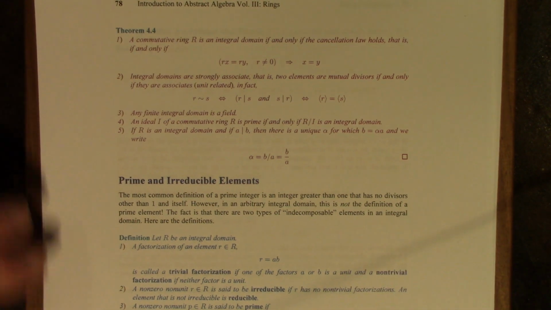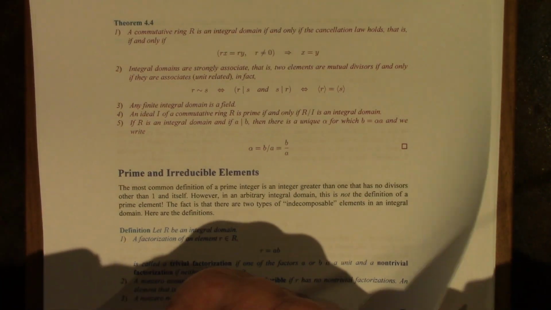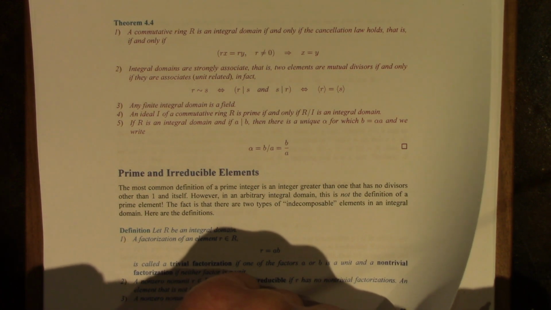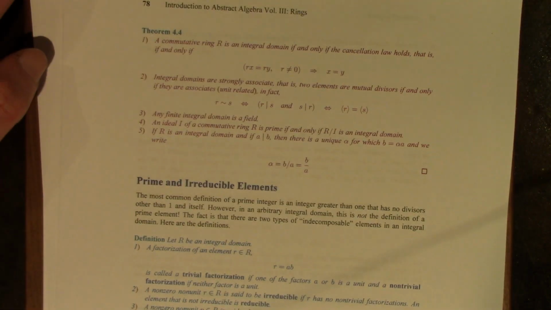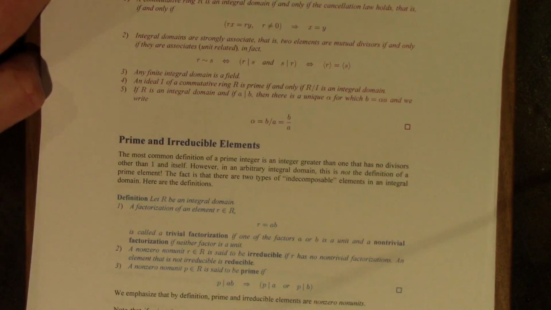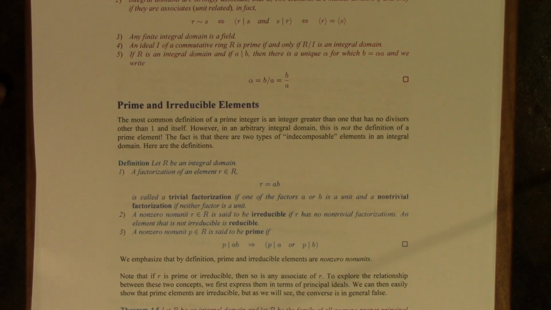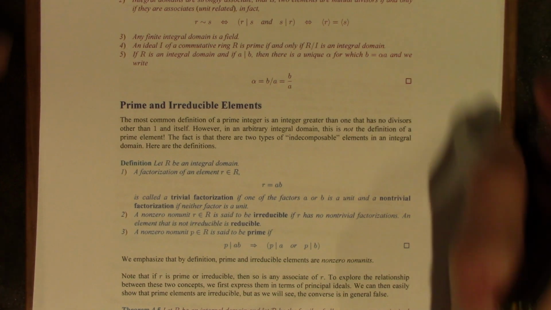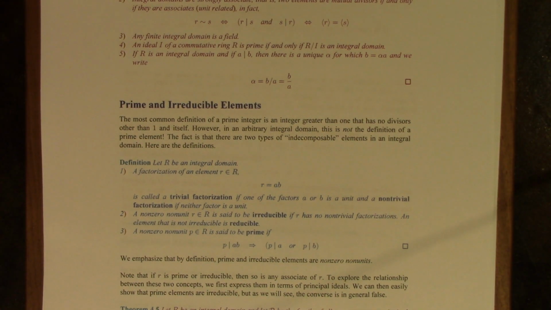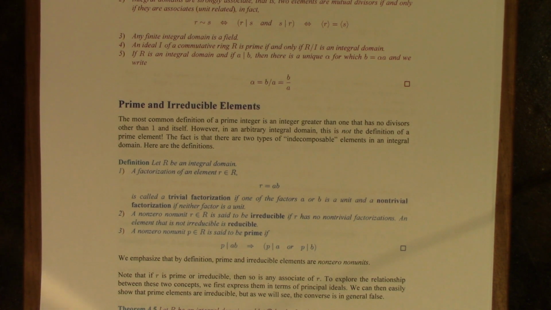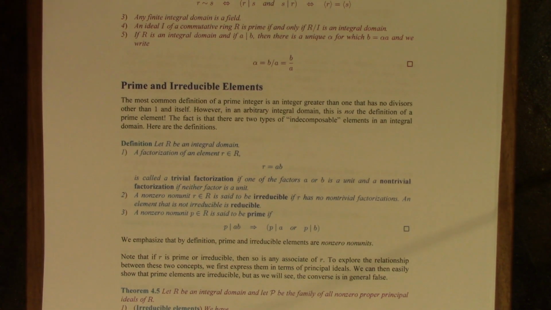Now, let's take a look at prime and irreducible elements. Okay, now, if you ask people on the street what's a prime number, if they don't tell you to buzz off, they're likely to say it's an integer or a number greater than 1 that has no divisors other than 1 and itself.